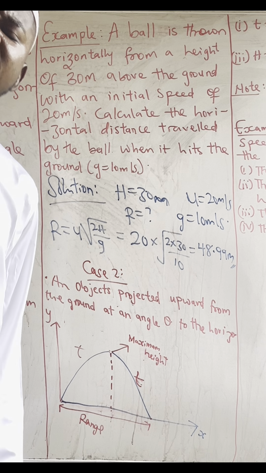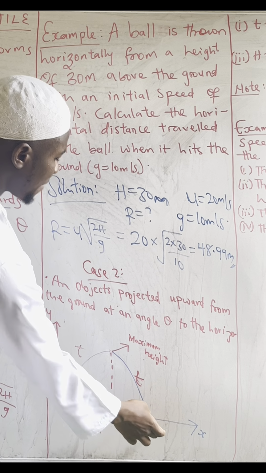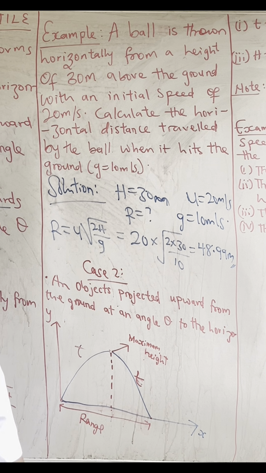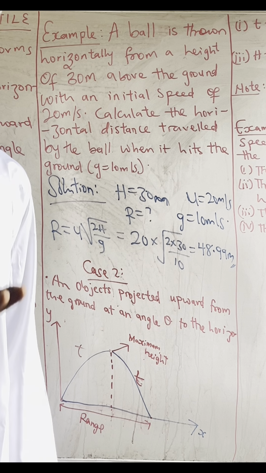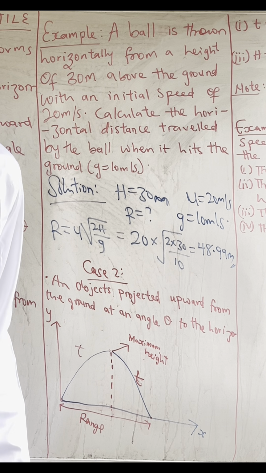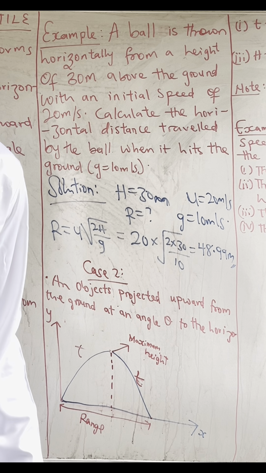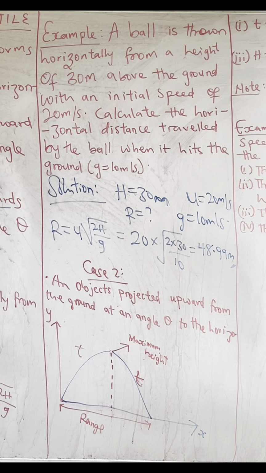If you're talking about the time of flight, it's talking about the time it takes the object to move from the initial point to the final point. So, time of flight can also be referred to as total time of flight, or total time spent in the air. So the total time spent in the air will be the addition of this and this.